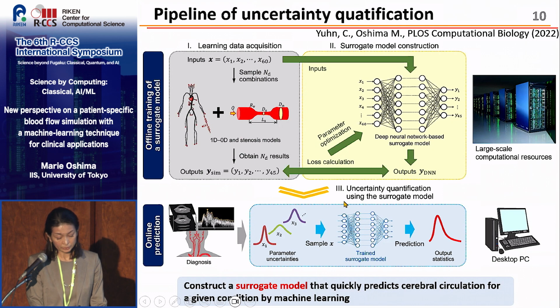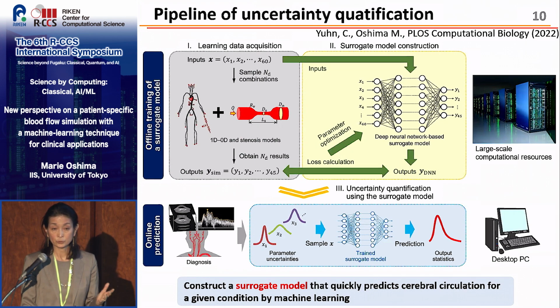And this will lead to the surrogate model that we use for this study. And for the uncertainty quantification, we vary the input data, such as the geometry, which is obtained from medical image data, like CT and MRI. And also we obtain the velocity data from ultrasound or 4D flow or PC MRI.